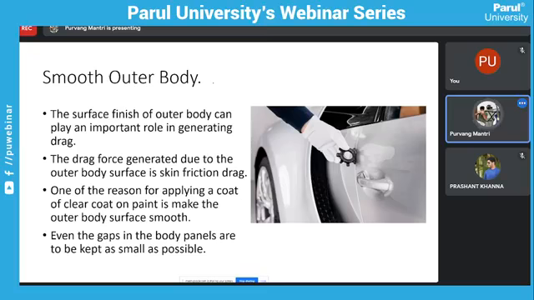So firstly, when you want to reduce the drag force of your vehicle, first and foremost you need to have a smooth outer body.